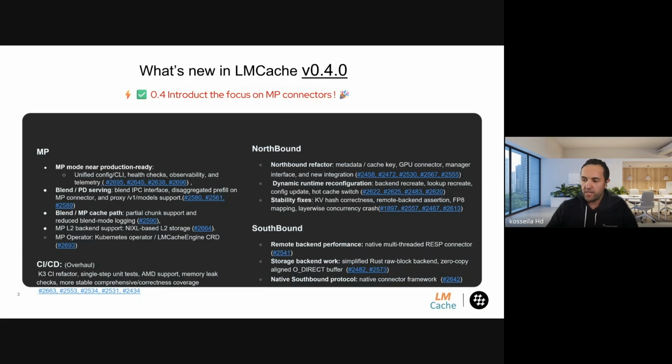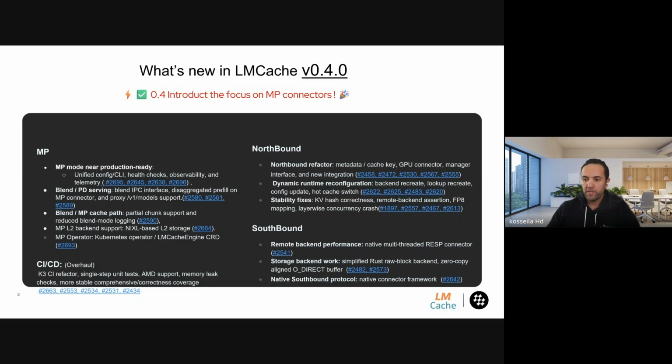And the advantage here with the native southbound protocol is that it will be easier to communicate with the Python side while using those low-level languages. That's the best of both worlds, because there's still some Python left, obviously, in inference. But in terms of backend and connectors, we will try to prioritize higher throughputs through using these low-level languages.